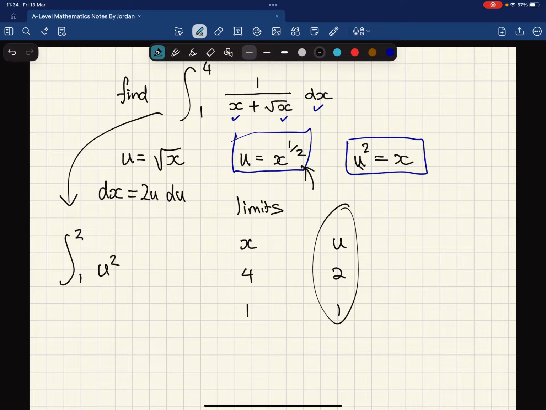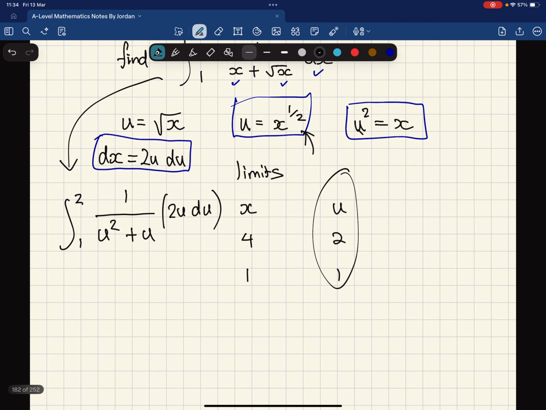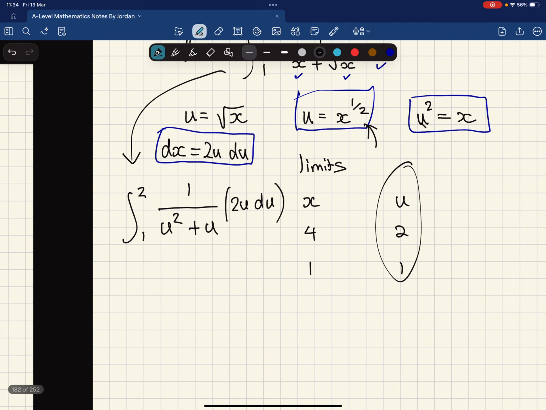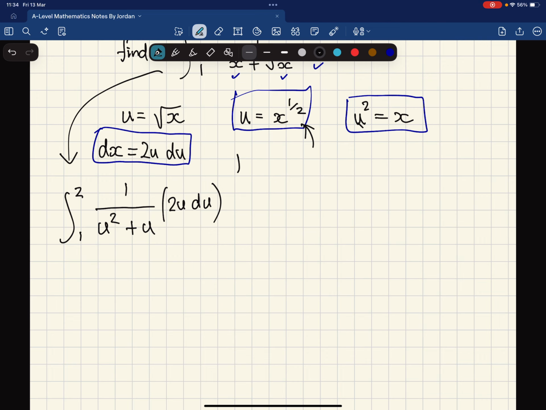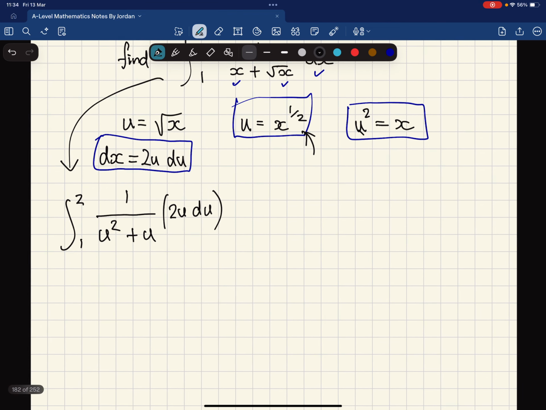And the square root of x there just being u. And then don't forget dx, we have its substitution there, which will be 2u du. Great. I can actually rub this out now because I've already put those limits on. So there we go.